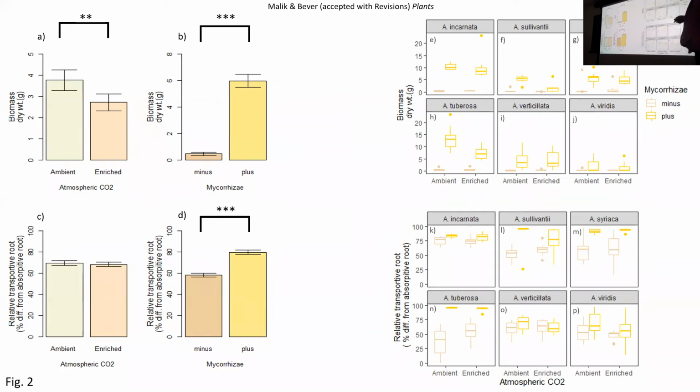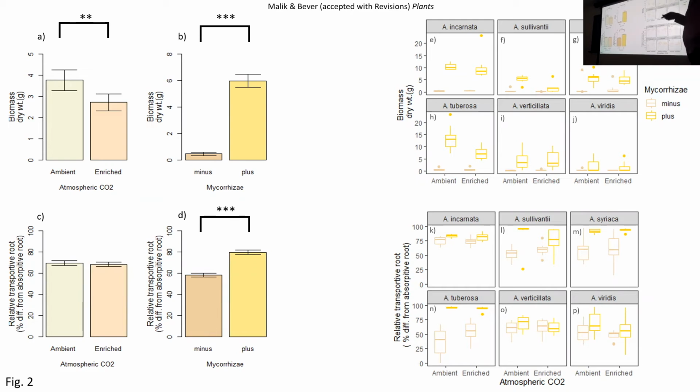And there's a similar pattern for E, which is Incarnata up here. And there's a similar pattern for Sylvantii. These three species have something in common. Not only are the effects of mycorrhizal fungi being depressed under enriched atmospheric CO2, but these three species are also less weedy.